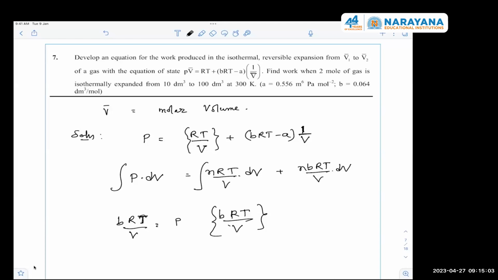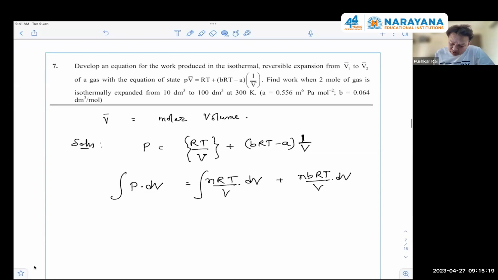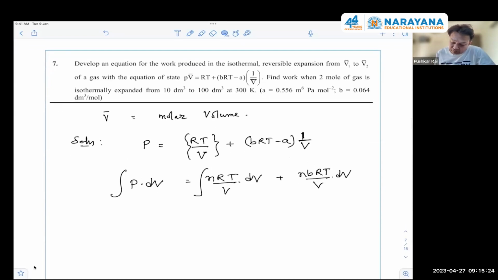Sir, from the original equation when we transpose V, we will get 1 by V square. No, this is one equation of state, some other equation of state. If you have written the gas with some equation of state, then b should have the unit of V into RT by V. So here it seems that b should be a unitless number.